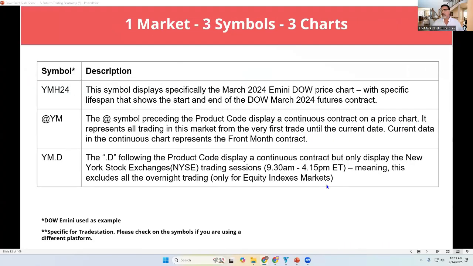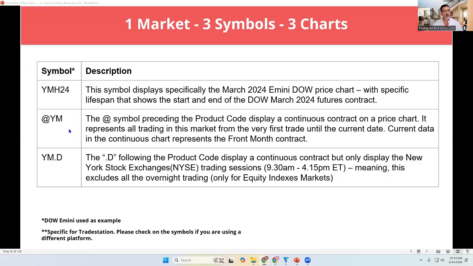So generally in charting a futures contract, you have a contract specific symbol, depending on your charting platform or broker you use. And then you have a continuous contract that connects all the contracts together, either at contract rollover or at expiration.